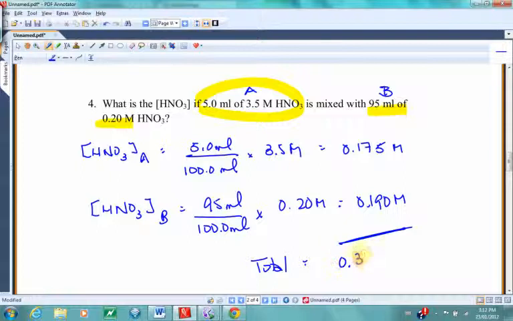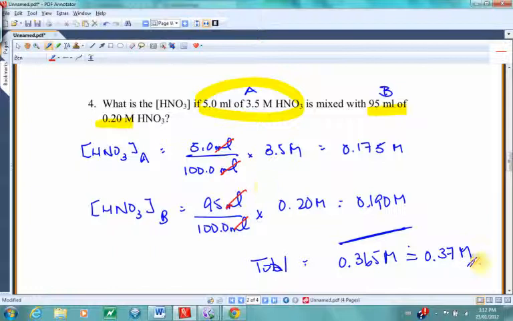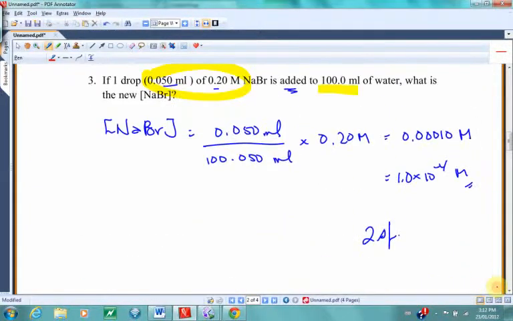But once again, we have to write it in the right number of significant figures, 0.37 molar. And I forgot to do that important thing of going back through and canceling out units. Let me check to see if we did this. Okay. Good.